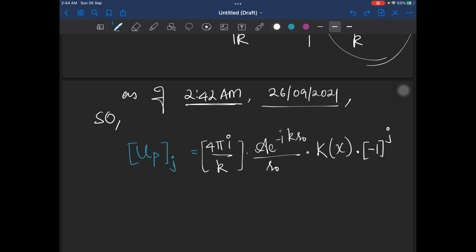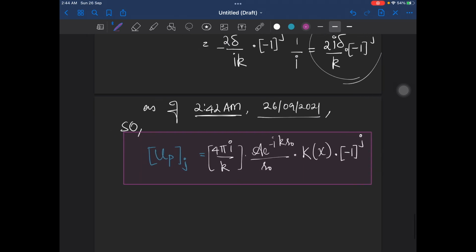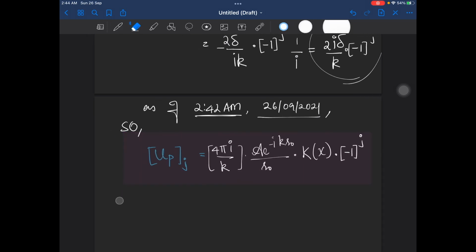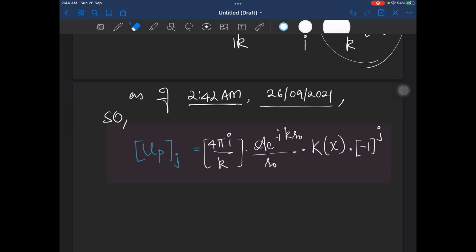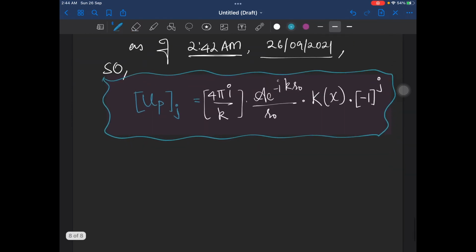Okay, I understand. Oh man, this is good. Maybe this is it: the field at P due to the jth zone.